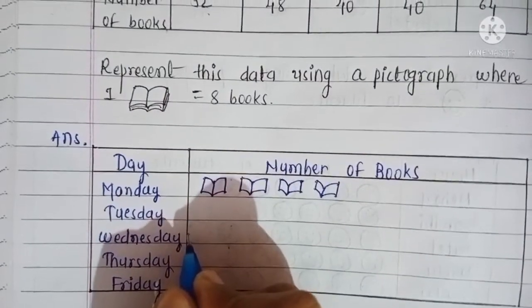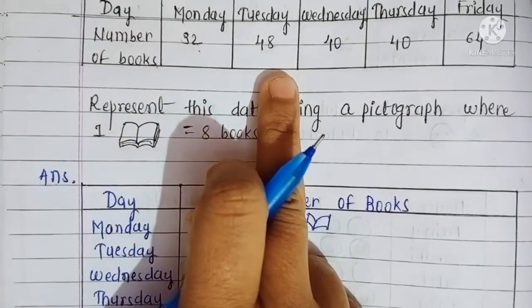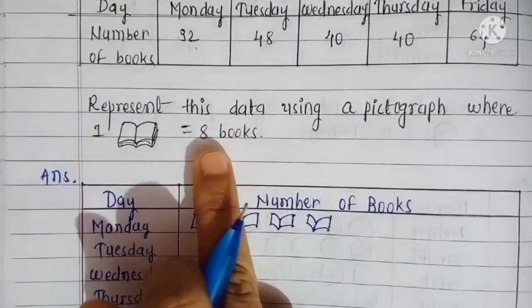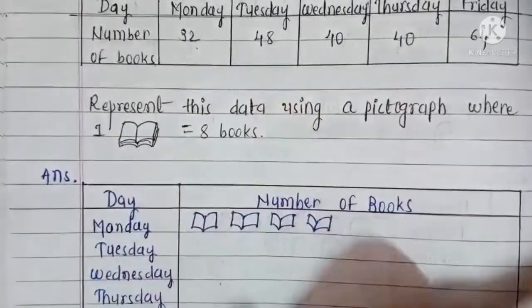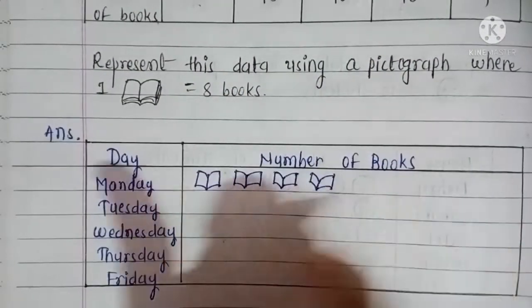On Tuesday, there are 48 books sold. 8 6s are 48. So we draw 6 symbols.